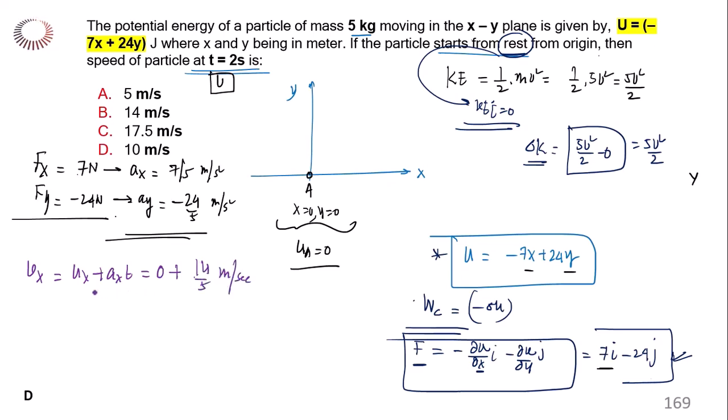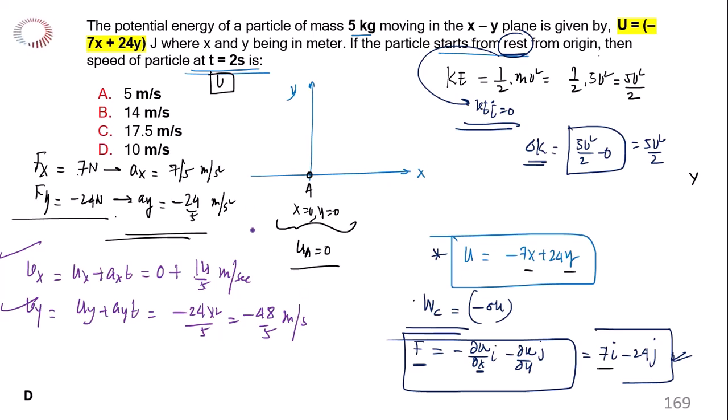Similarly, the velocity along y should be uy plus ay into t. What is ay? Minus 24 into 2 by 5, that is minus 48 by 5 meter per second. So these are the two velocity components along x and y direction.